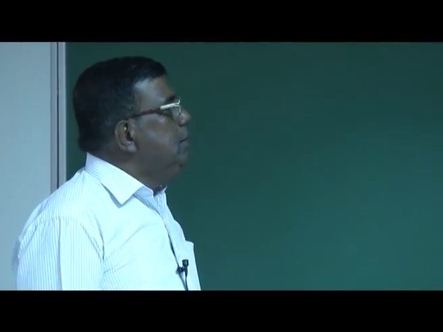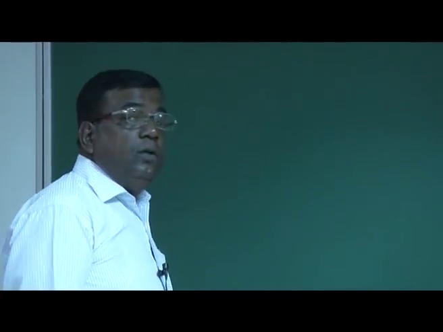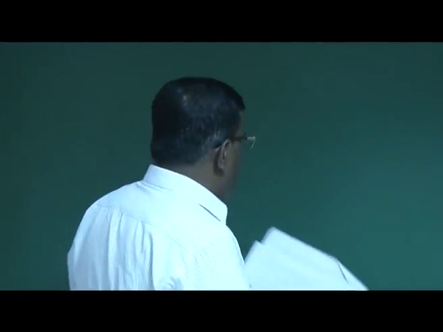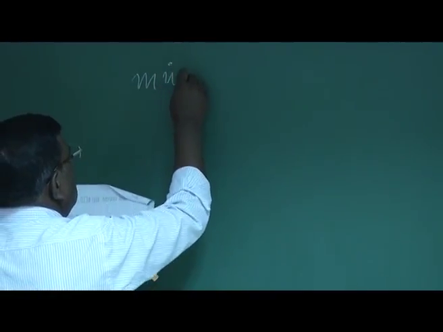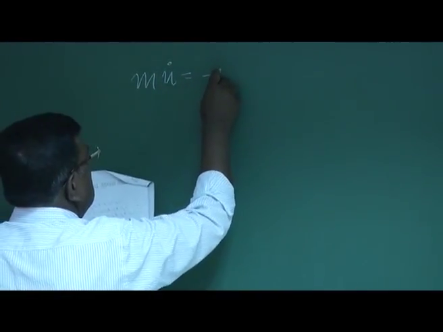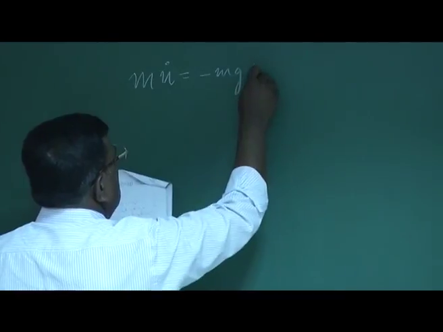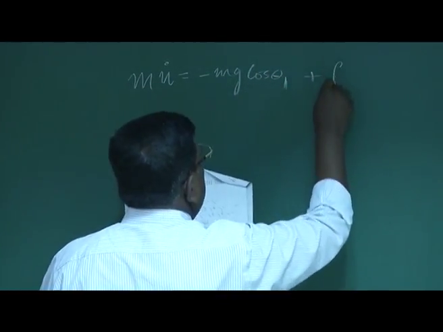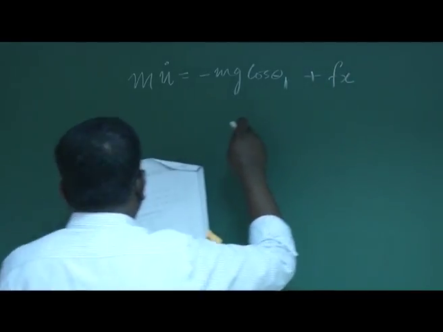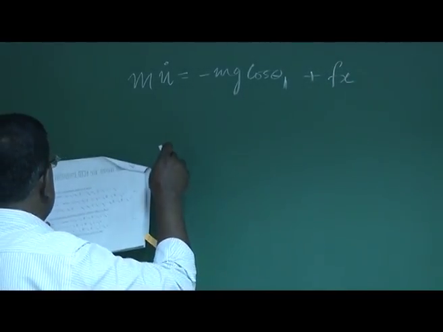Good morning, everybody. We are continuing small perturbation equations of motion for the longitudinal case. If you recall, we knew that m u dot equals minus m g cos theta 1 plus Fx was the equation along the x direction.